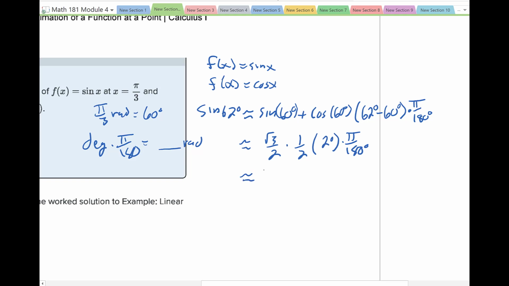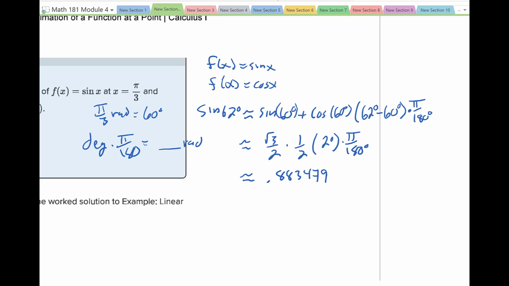And from that, I get 0.883479. Okay. See, my calculator's in radian mode, so sine of 62. No, it's in radian mode.